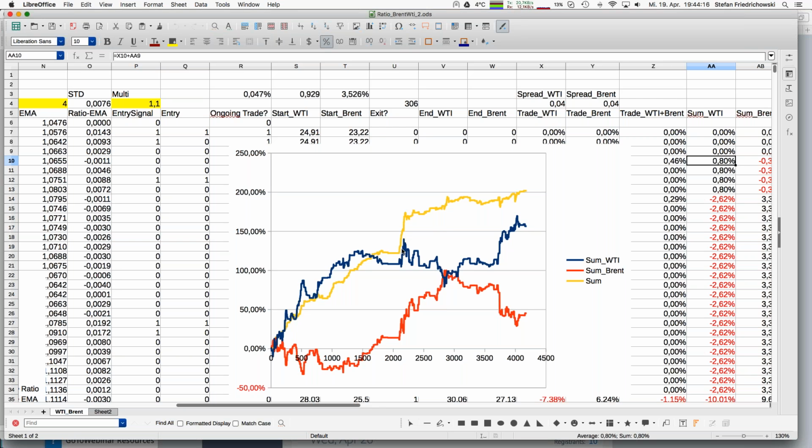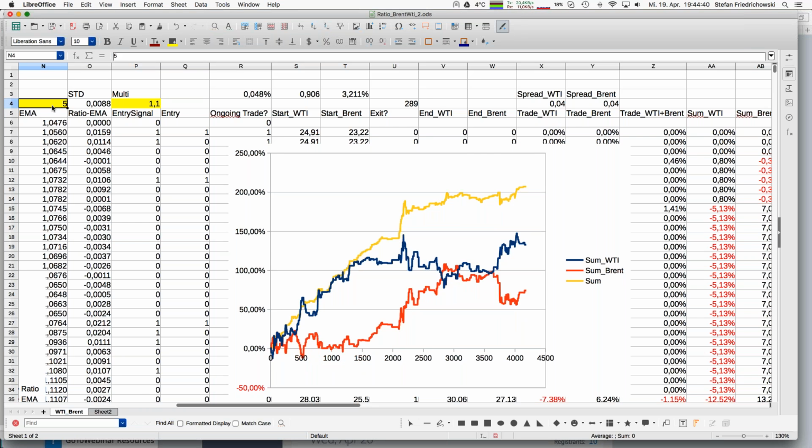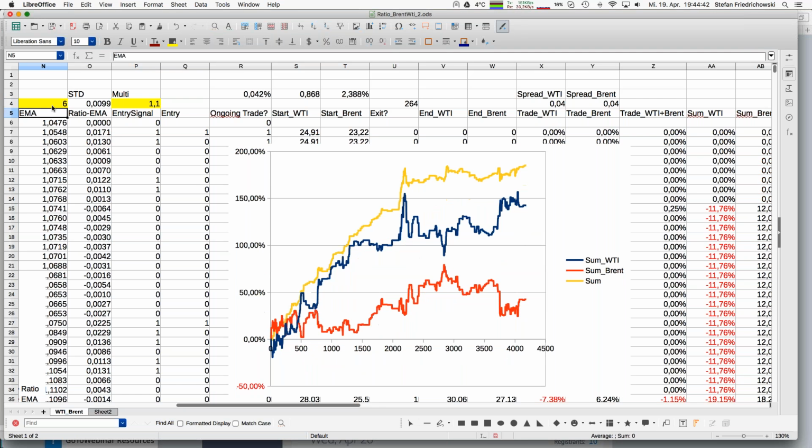And you see a very good increase in that yellow line, and that means that this kind of approach is profitable. And even more, what is important is that, for example, if we change now our parameters like EMA values, then it does not automatically ruin our strategy.